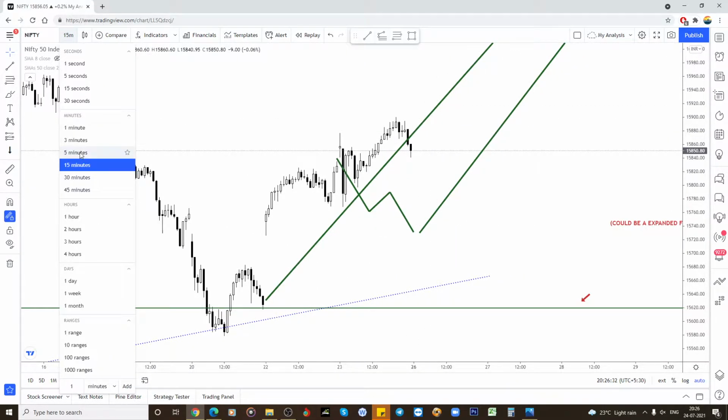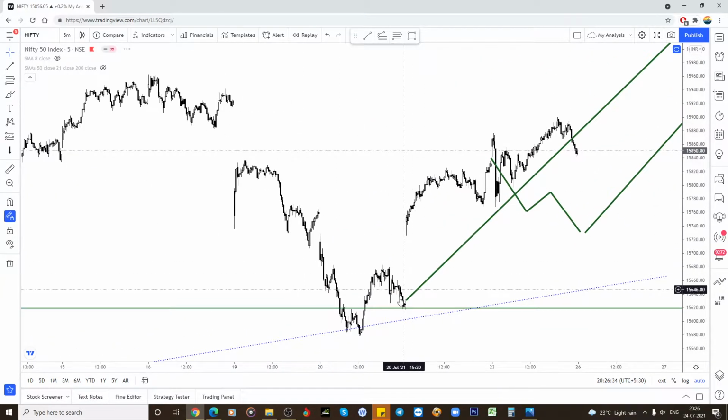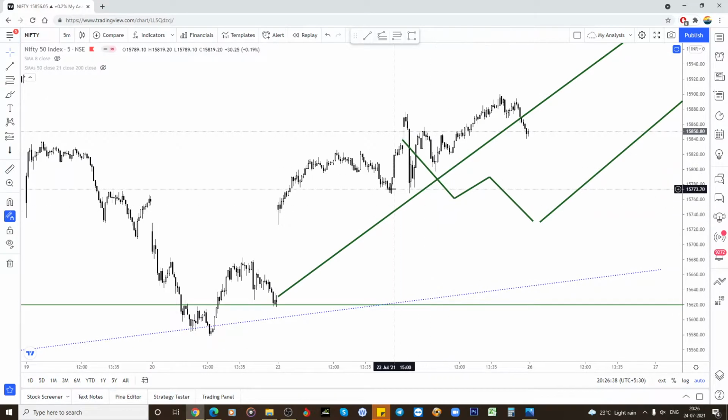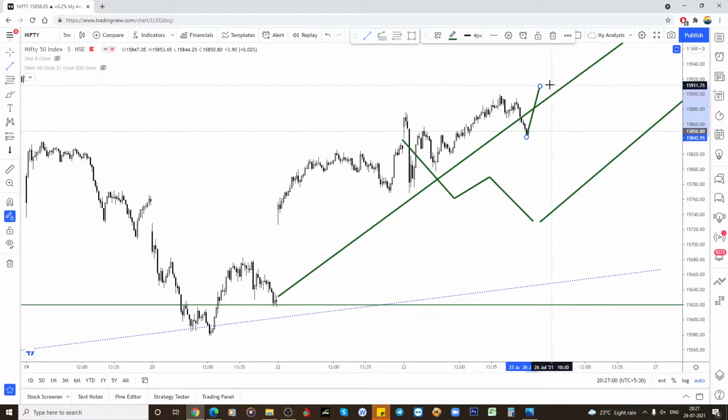From here in the 5 minutes, I expected 1, 2, 3, then 4 and 5, but here it looks like a three-wave structure, and again this is either one impulsive wave to the downside or a three-wave structure. It could be a triangle, A, B, C, D, E, here, and we already did that 5-wave structure, or it could make one more high and again fall in a three-wave structure.